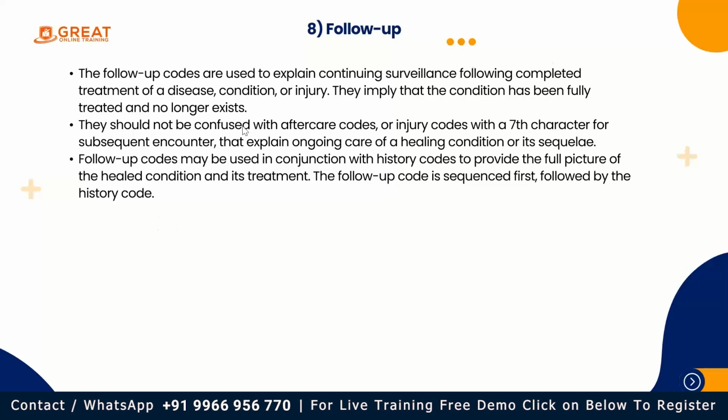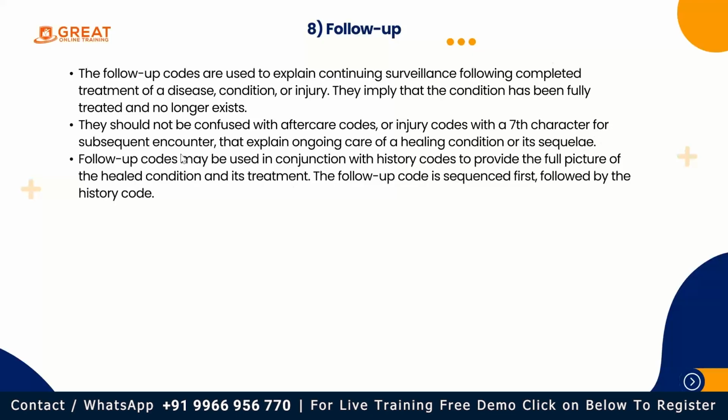They should not be confused with aftercare codes or injury codes with a seventh character for subsequent encounter. What this seventh character is, we'll see later in other chapters. That explains ongoing care of a healing condition or its sequela.